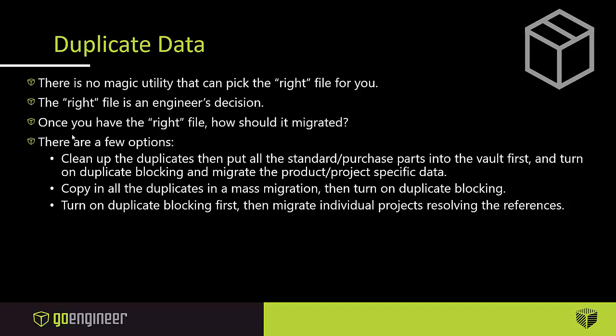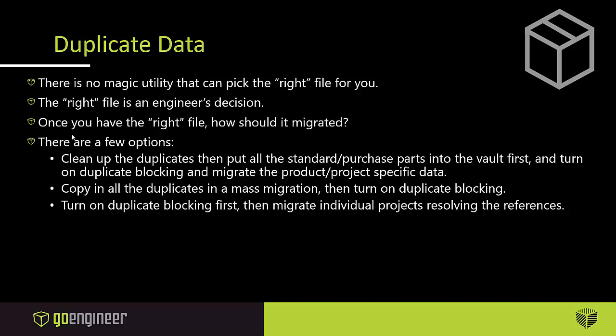So I've seen some companies spend some time trying to clean up before they move forward with PDM, and I don't try to push them off of that, but it's a huge undertaking because generally speaking, as you go to clean this up, you're breaking file references. And then you have to go fix the file references or hope that I fix them on the way into the vault, which has mixed results depending on a few factors as well, right?